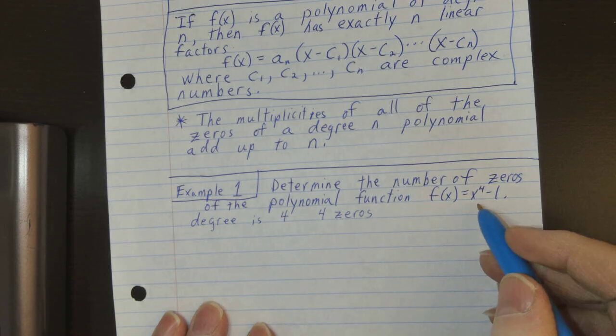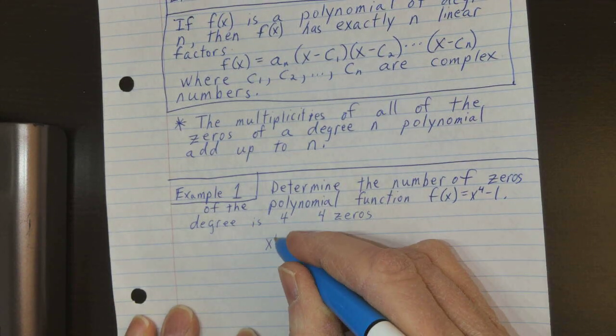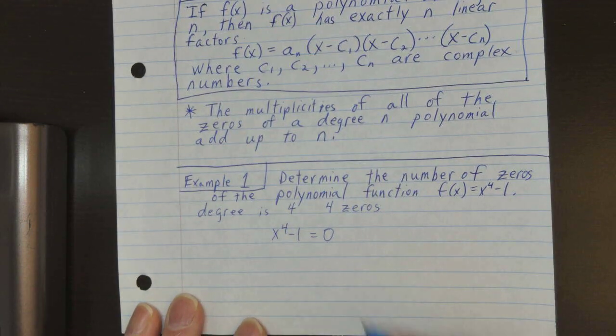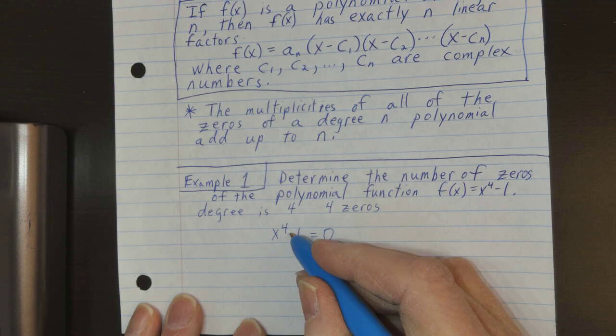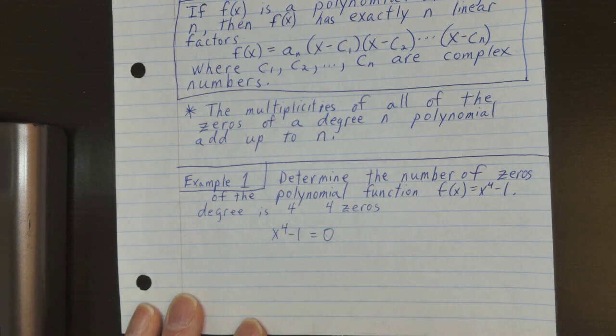All right, well, let's just take a look at this real quick. If I have x to the 4th minus 1, and I want to find all the zeros, I'll set it equal to 0. And you could add 1 to both sides and then take the 4th root, but you're only going to find 1 zero doing that.